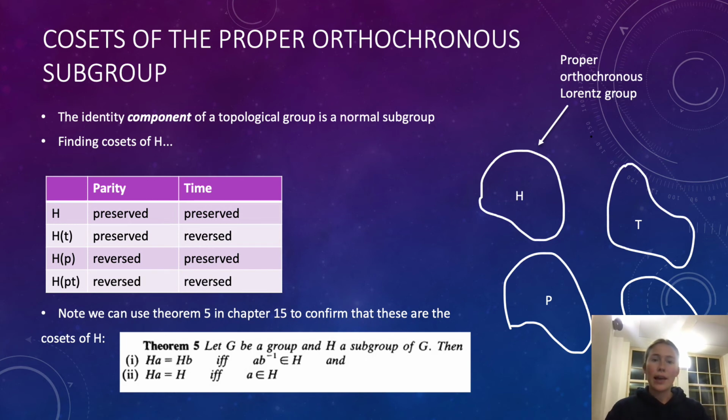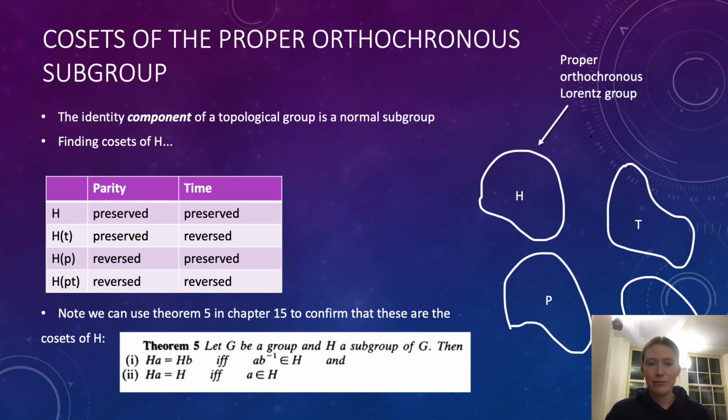So that means that our subgroup of the Lorentz group, that's called the proper orthochronous Lorentz group, which just means that it preserves the parity of space and it preserves the direction of time, is a normal subgroup of the Lorentz group. So then that means we can find cosets of H and form a quotient group.